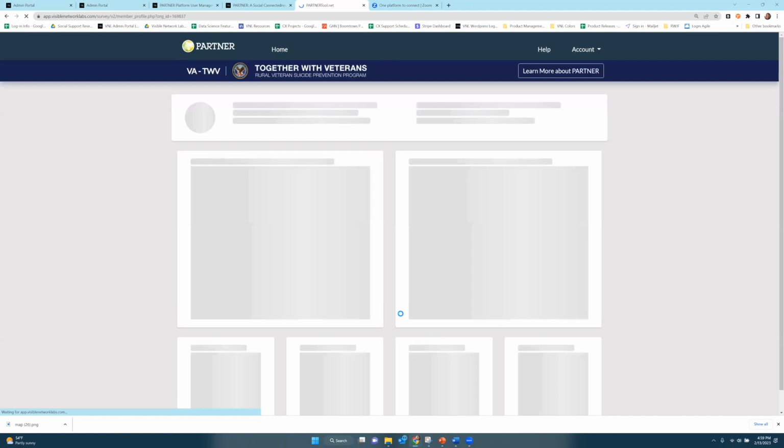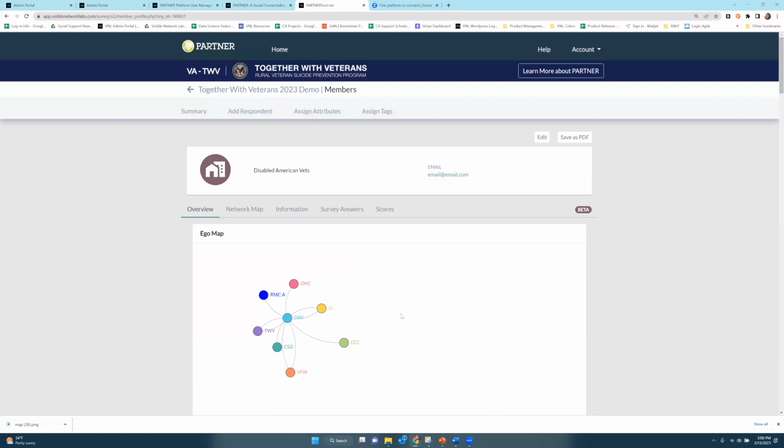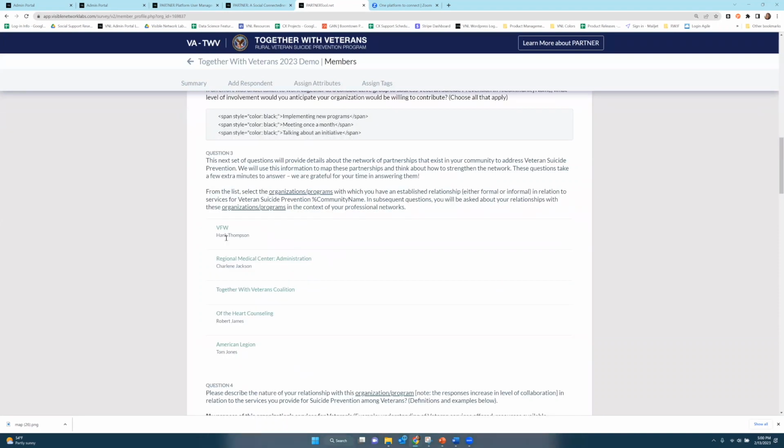And member profiles are really useful and helpful because if you were going to go to a community meeting, you could print off or save as a PDF the member profile for all the organizations that would be in attendance. And then you'd get an idea of how connected are they, what level of involvement did they say that they're willing to contribute, or what types of resources could I ask them about, right?